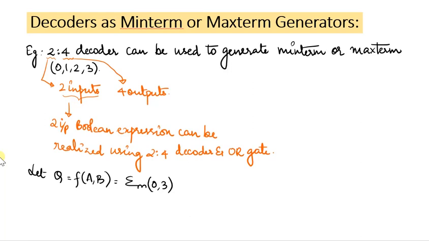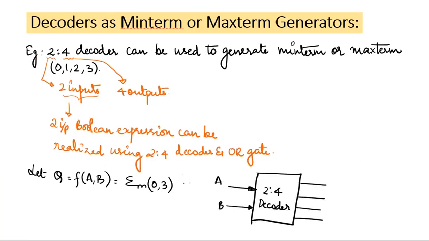And to realize this, I can use a decoder representing the inputs and the outputs, and because my minterms are 0 and 3, I am going to use an OR gate to connect the decimal notations 0 and 3 to represent the output Q. This method of representation is very useful when you are generating multiple functions from the same set of input variables.